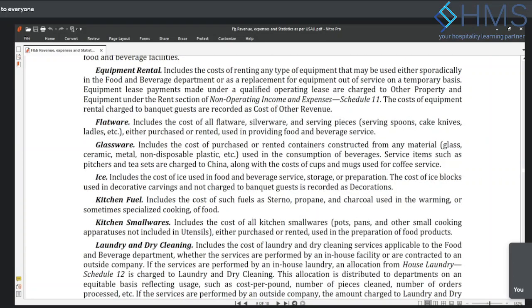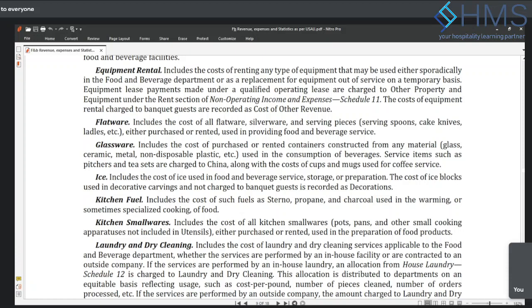Ice is the ice used in the banquet service, storage, and preparation. So it's the ice block. Some hotels have ice machines in house to produce the ice for usage, so in that case you won't have that line item as an expense. But in case the hotel does not have an ice cube machine to produce in house, and you are buying ice blocks from outside, then the cost will come here.